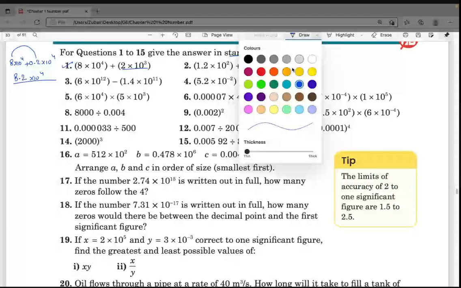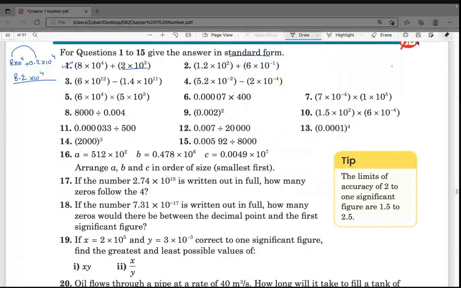Look at question number 3. So again, I'm going to make this 12. The first section is 6 into 10 raised to the power 12 minus. In order to make that 12, if I'm increasing that power, I have to decrease this number. So this is 0.14 into 10 raised to the power 12. Now powers are same.